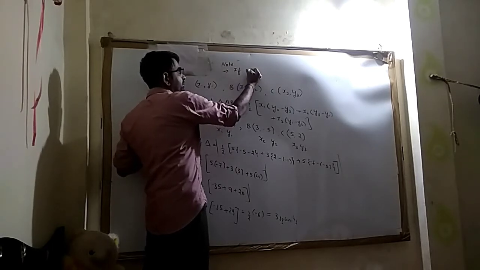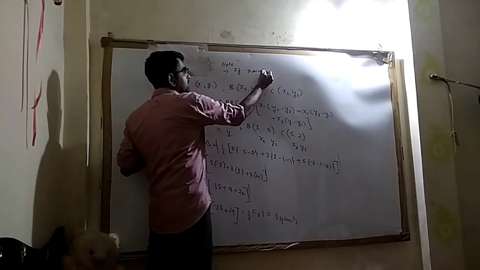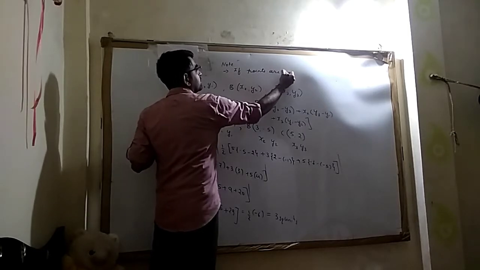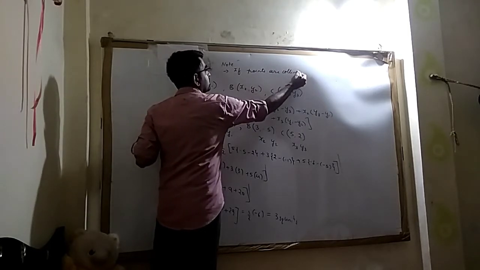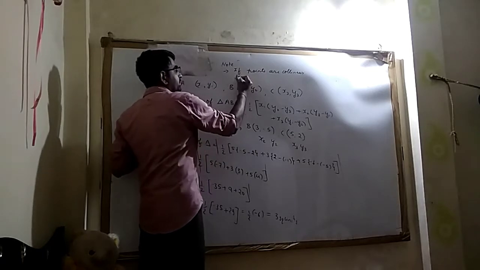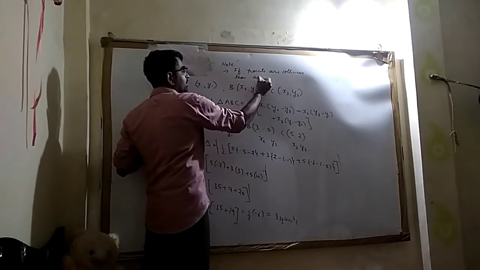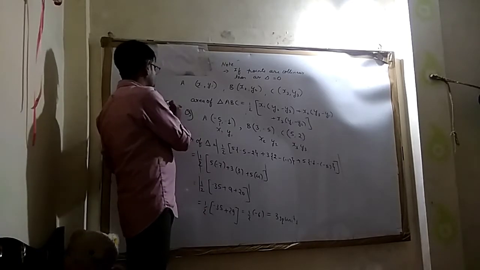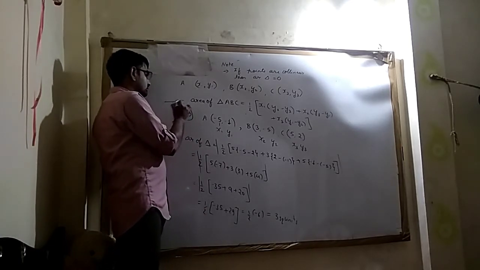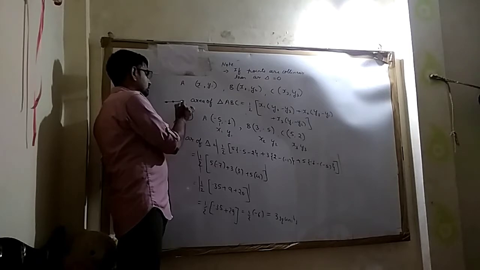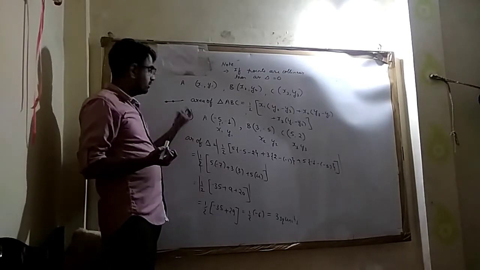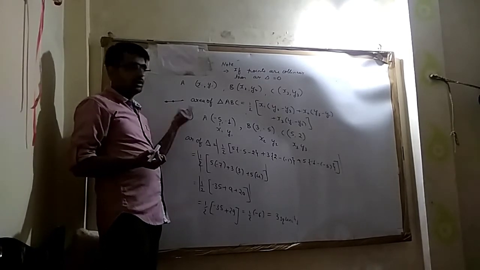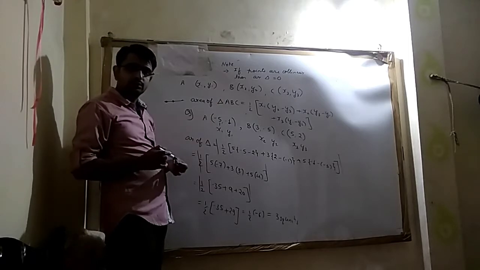Okay, if the points are collinear, what will happen? Then the area of triangle will be 0. Because if points are collinear, then we will not get a triangle and hence the area will be 0.